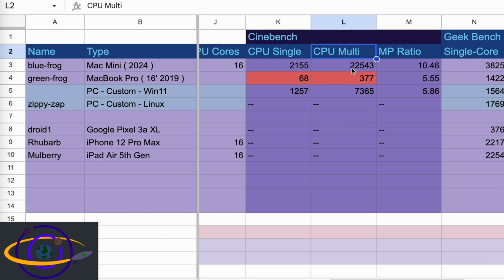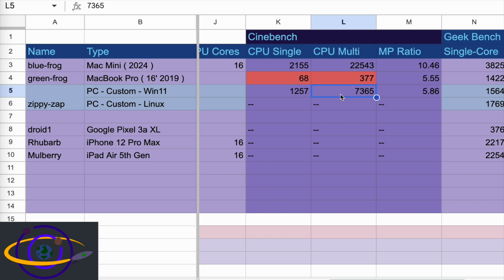The CPU multi-core results for Cinebench were, here we have 22,543 for the M4 Pro, and on my custom PC with the i7, we had 7,365. So it's kind of expected. It's much lower. This Mac Mini with the M4 Pro is basically blowing this out of the water.